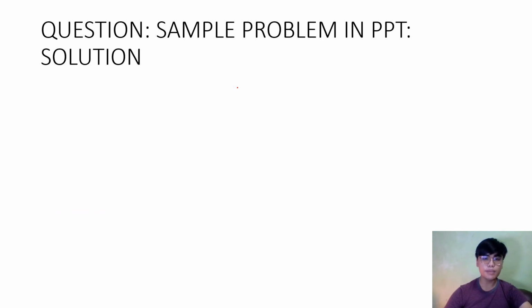So for the solution, we're going to use Beer's law: absorbance is equal to absorptivity times cell path length times the concentration.